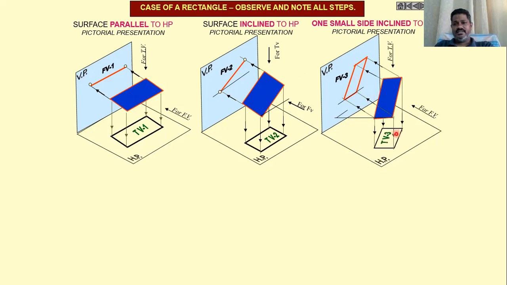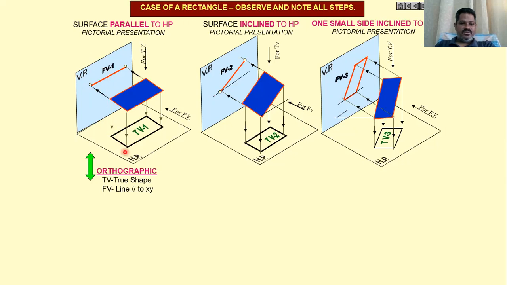In both cases, we will get the reduced shape, and we will not get a straight line like the first case. Now let us try to draw the actual drawings for these three cases.